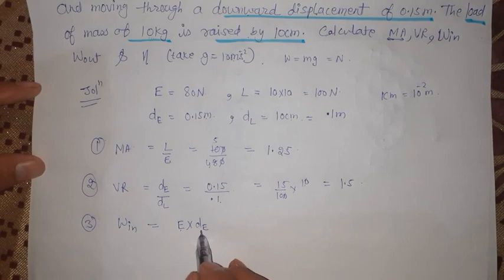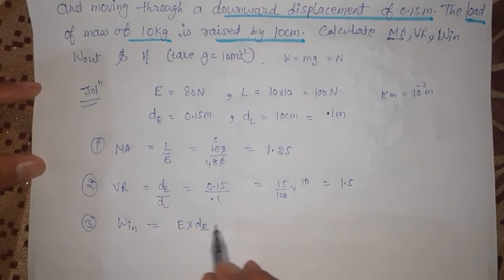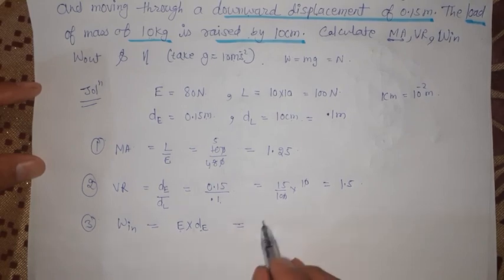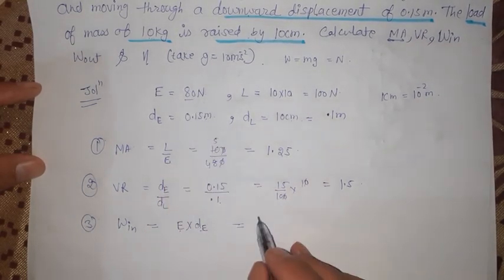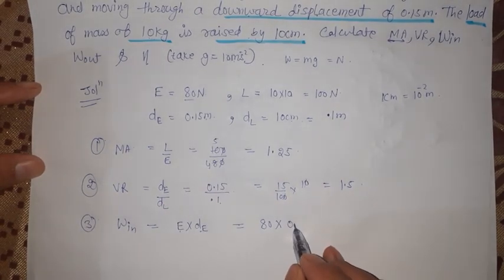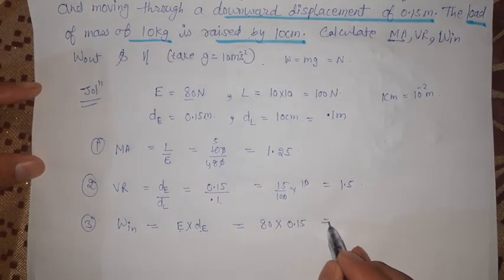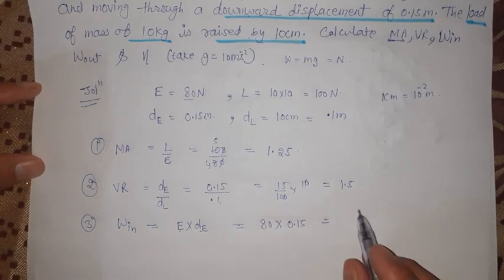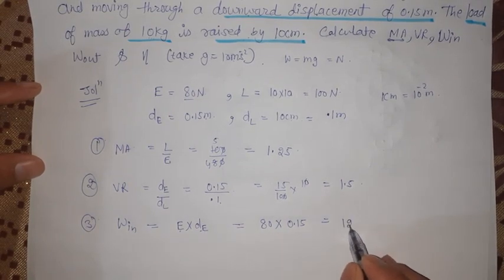So force is effort, and displacement is the displacement of the effort arm. So we have effort given in this question, which is 80, and the displacement of the effort arm is 0.15, and when we multiply, it comes out to be 12.